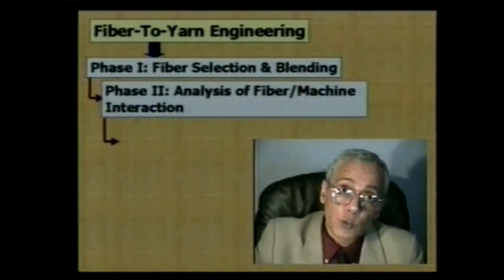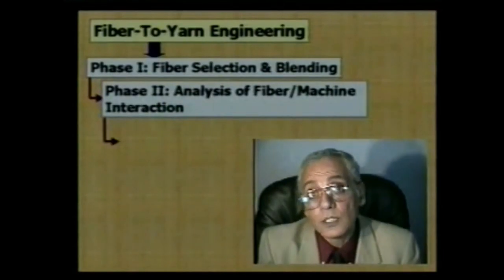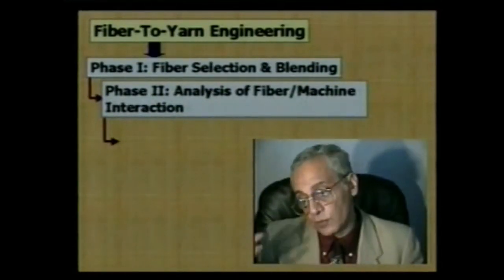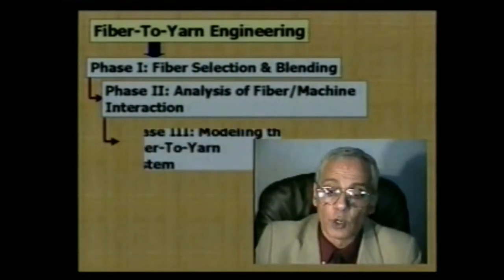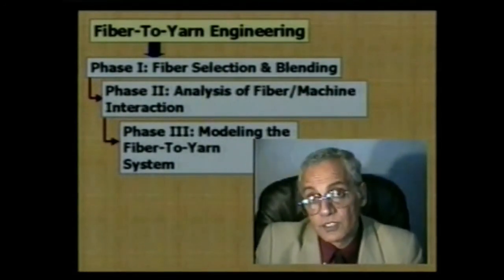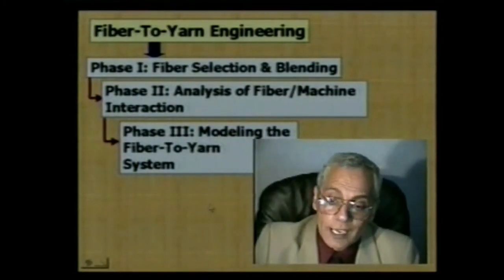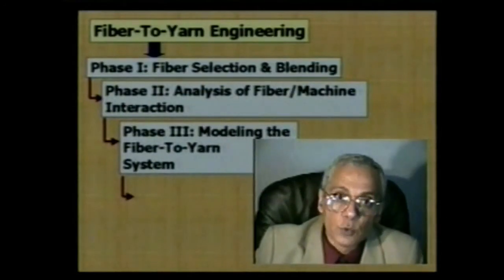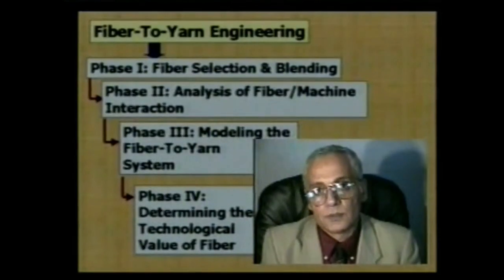Once we establish a good understanding of the fiber-machine interaction or the system theory, we can then develop models that will relate the yarn properties to the fiber properties. And after we do all of this, we can utilize all of these phases to develop the ultimate tool, which is determining the technological value of fiber.